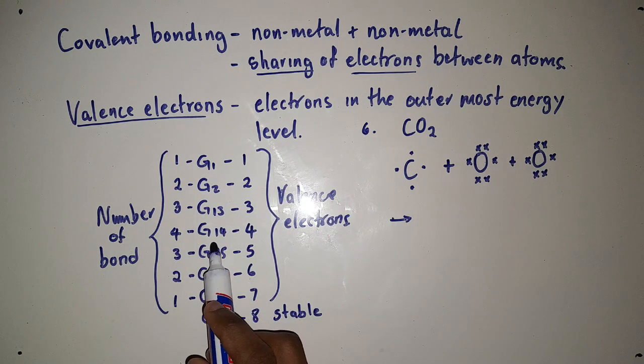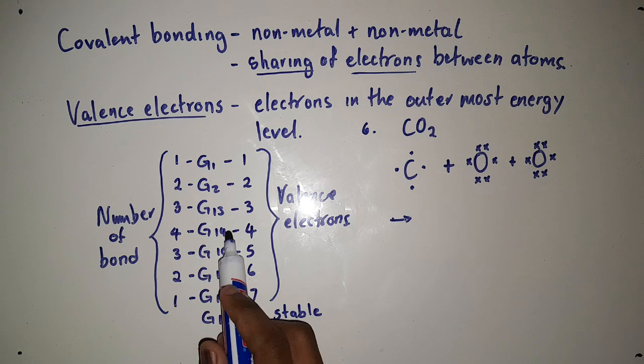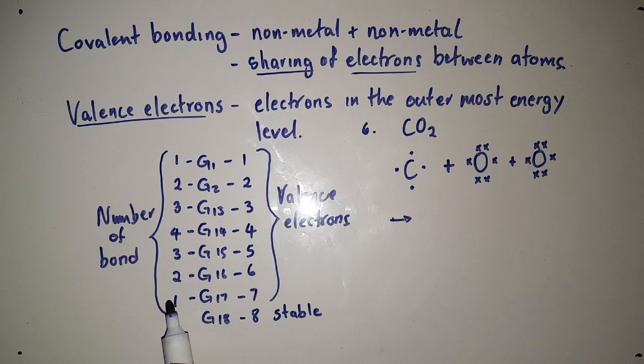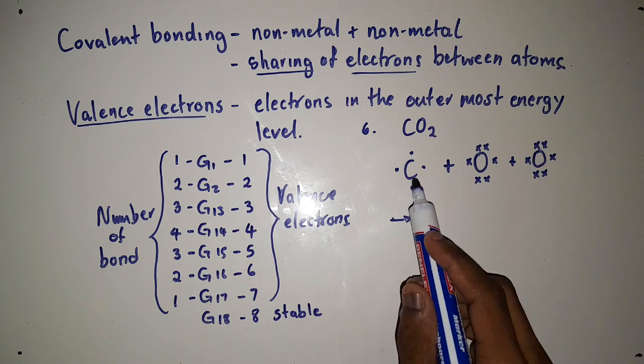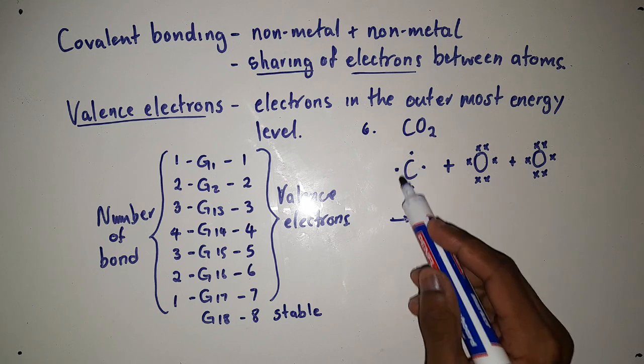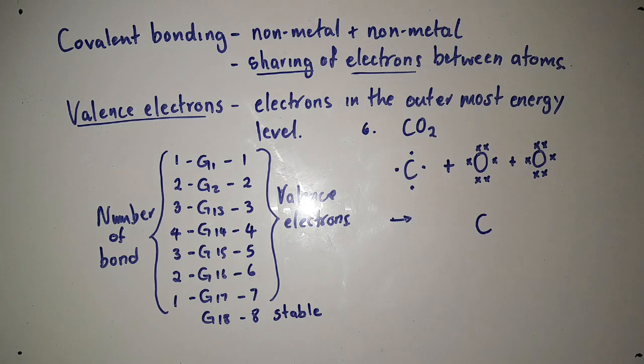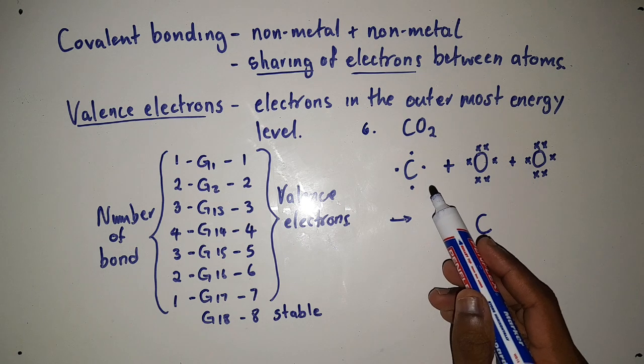You see, carbon is situated in group number 14. Then it's going to have 4 bonds, but oxygen is situated in group 16 with 2 bonds, which means carbon is going to be in the middle now. See, in the middle like this. You see? Then now let us check.